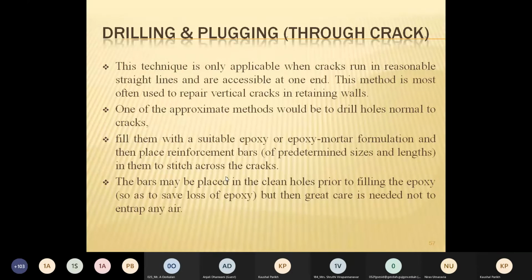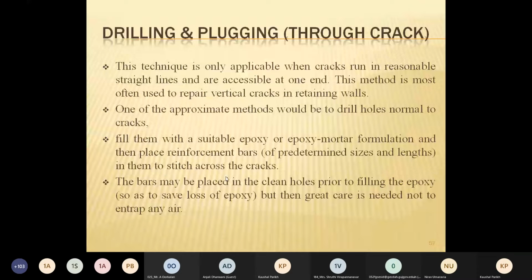Another repair method is drilling and plugging through cracks. This technique is only applicable when the cracks run in reasonably straight lines and are accessible at one end. This method is mostly used for repairing vertical cracks in a retaining wall.